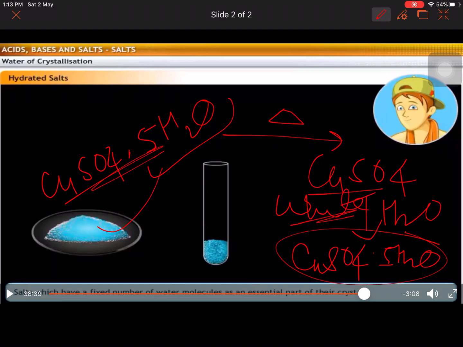And when you pour water onto this CuSO4 again, the formula is again CuSO4.5H2O, and it gets the blue color again.